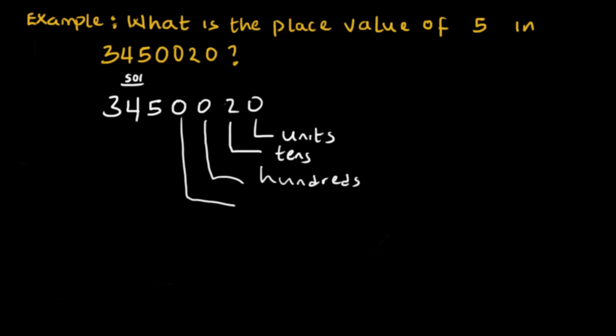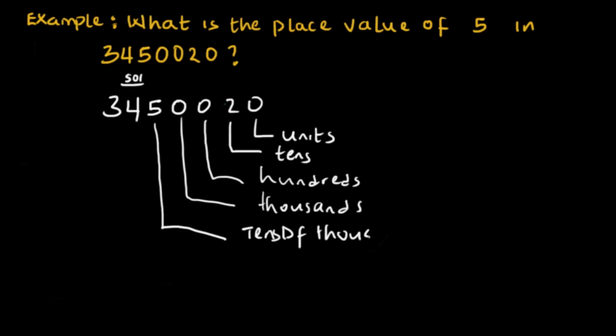Fourth will be thousands. Then fifth will be tens of thousands. Now we really do not need to do the others, since we were asked for the place value of 5, but this would be hundreds of thousands and this would be million.